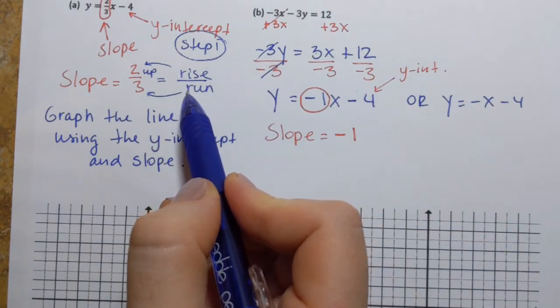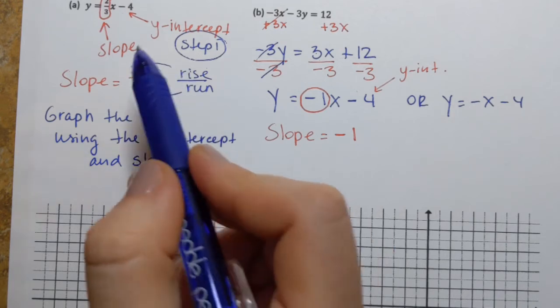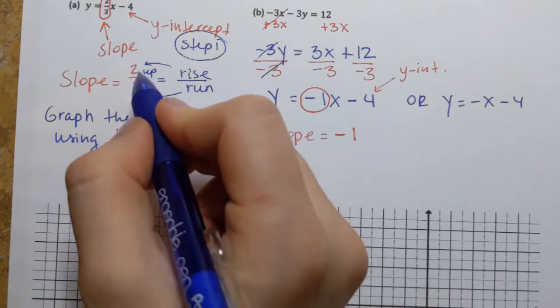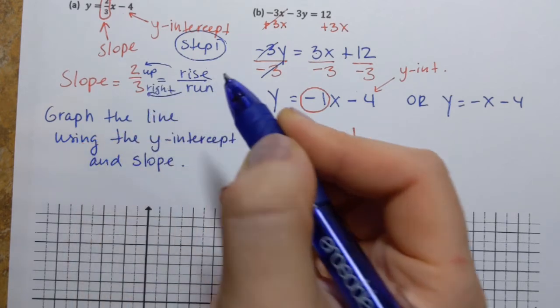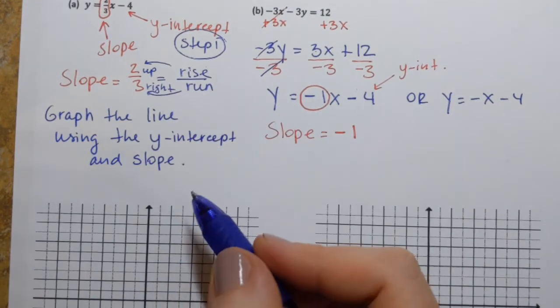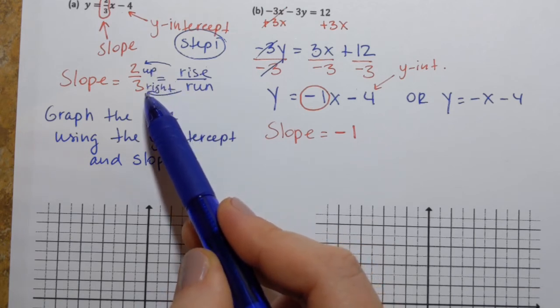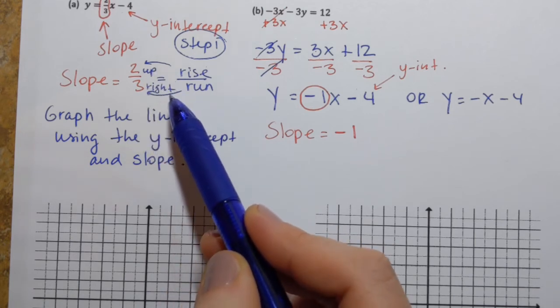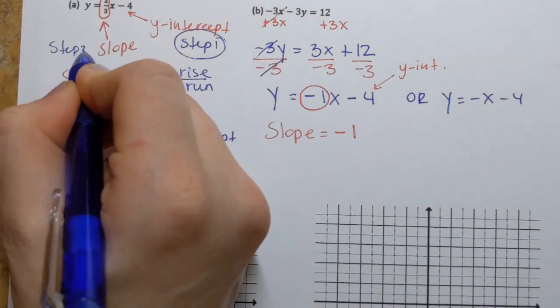And then run is the horizontal change, so I'll have to go either right or left, but since it's +3, I'm gonna go to the right. In other words, from the point that I already plotted, the y-intercept, I'm gonna go 2 units up and 3 units to the right to take me to the next point on the line. So using slope will be step 2.